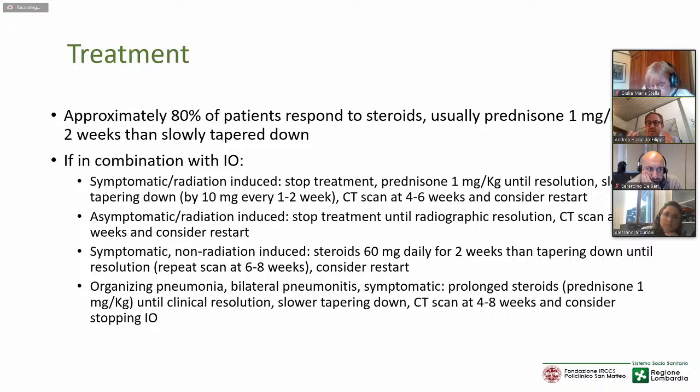And for all other kinds of organizing pneumonia, such as the suspicion of COVID-19 or bilateral pneumonitis, or patients who are symptomatic where you don't know exactly what is the main driver of the pneumonitis, radiation, immunotherapy, or even infections, you need obviously to consider antibiotics, prednisone, clinical slow tapering down, clinical resolution, but you may also want to consider stopping immunotherapy.